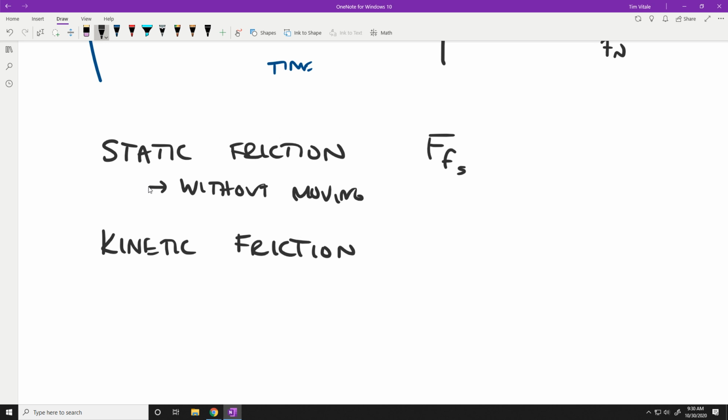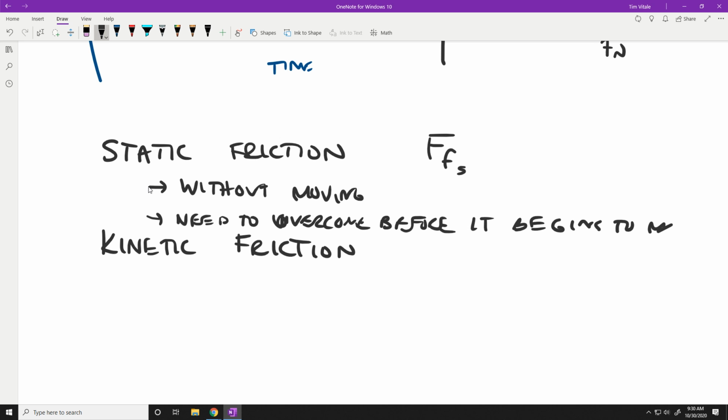It's basically the friction that you need to overcome before it begins to move, whereas kinetic friction is as it's moving, the friction that it experiences.